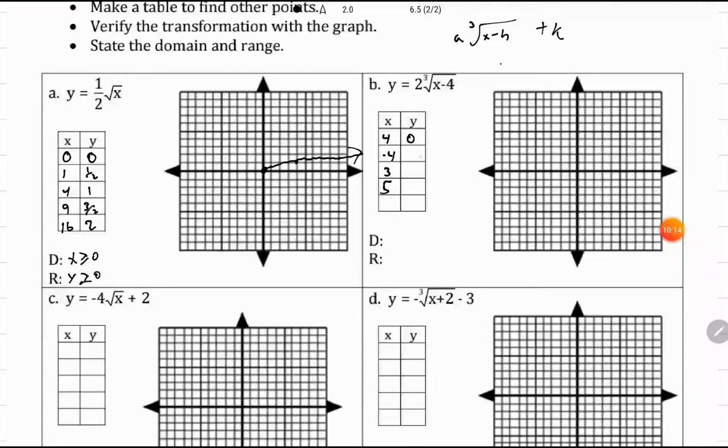Negative 4 minus 4 is negative 8. Cube root of negative 8 is negative 2. 2 times negative 2 is negative 4. If I plug in 3, I get negative 2. Plug in 5, I get 2. And what do you know?